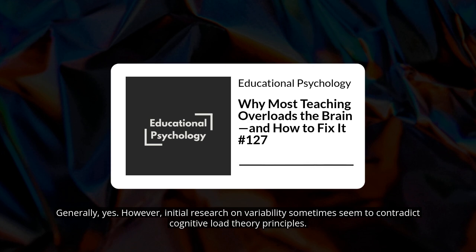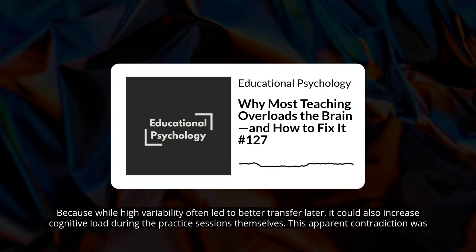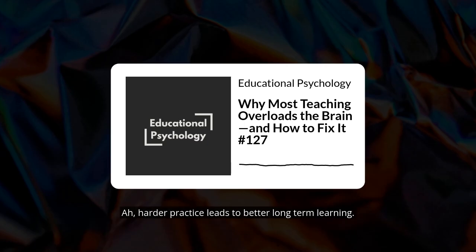Generally, yes. However, initial research on variability sometimes seemed to contradict cognitive load theory principles. How so? Because while high variability often led to better transfer later, it could also increase cognitive load during the practice sessions themselves. This apparent contradiction was sometimes called the transfer paradox. Harder practice leads to better long-term learning.